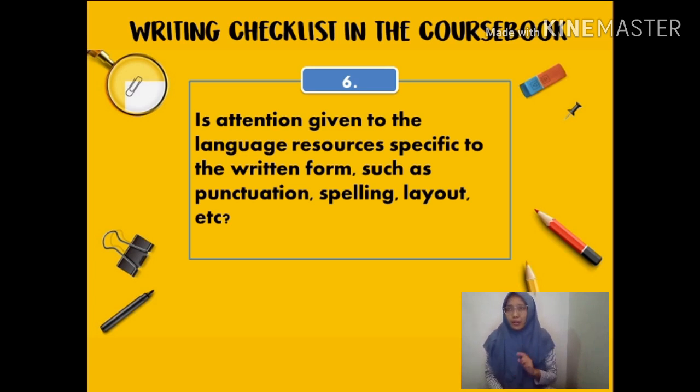If there is a misspelling of a word, it is possible to change the meaning of the word. For example, the words pig and big. If the letters P and B are exchanged, that will produce different meanings of the words. Therefore, spelling is very influential in composing a sentence.